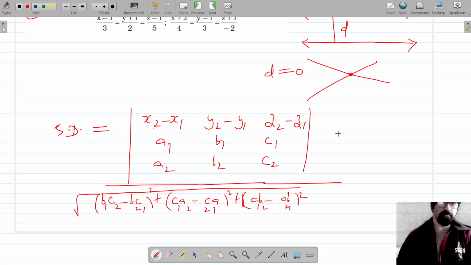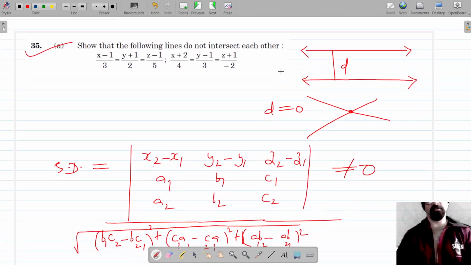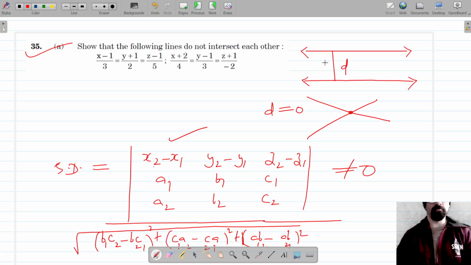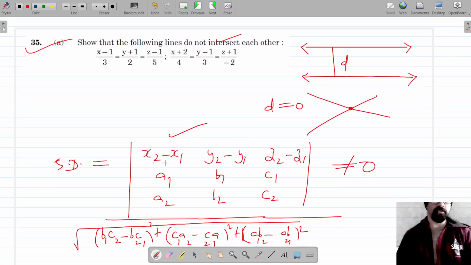This is the shortest distance. If this is equal to zero, the lines intersect. If this is not equal to zero, the lines do not intersect each other.